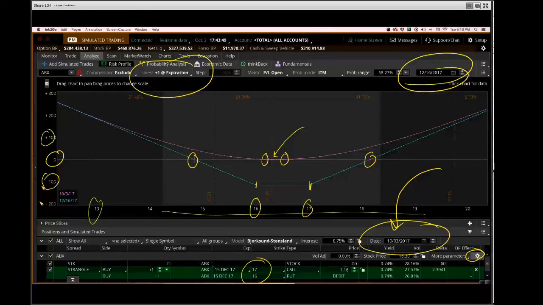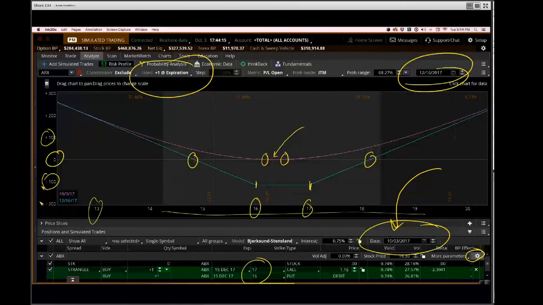Anywhere above that, you notice the lines above 0, that's profitable. Anything below that is negative. So you can go forward to the earnings date and put that in there. You could predict volatility, how much it drops, and put that in there. And you can pretty much predict, no matter where the stock is, pretty accurately what your profit or loss will be, and decide ahead of time whether this is a good strategy or not.